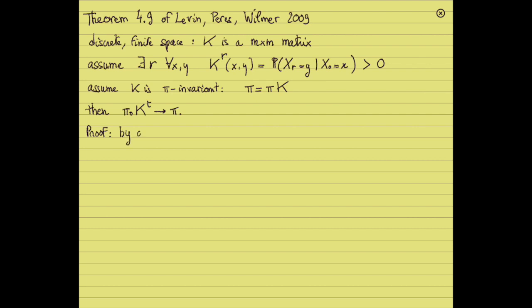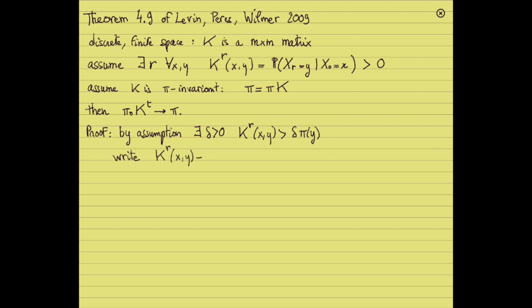By assumption, there exists a delta larger than 0, such that k to the r is more than delta times pi for all x and y. So that comes from the assumption, and the fact that the state space is finite.